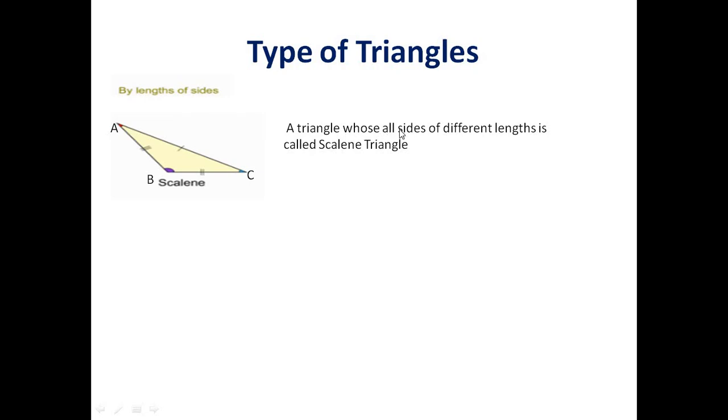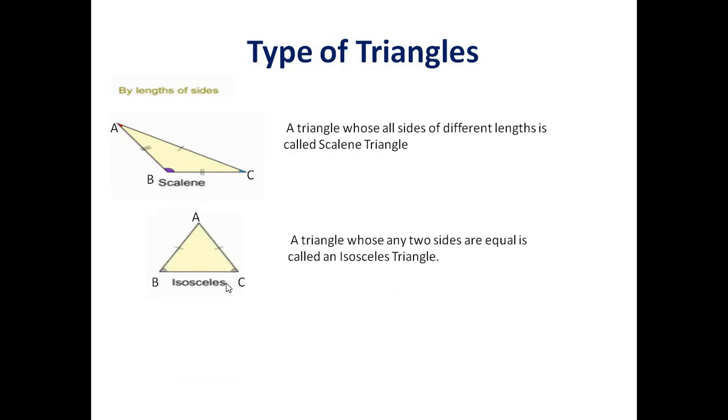A triangle whose sides are all of different lengths is called a scalene triangle. That means these three lengths are not equal to each other. None of them are equal. AC is different, BC is different, AB is different. That means AB is not equal to BC, which is not equal to AC. All these three sides are different. That kind of triangle we will call a scalene triangle.